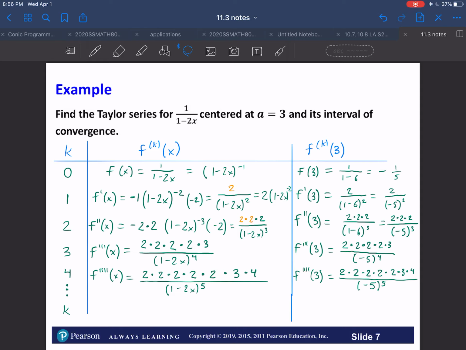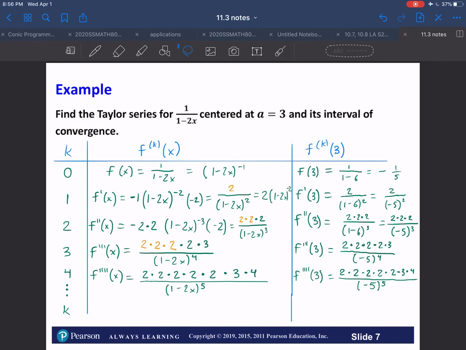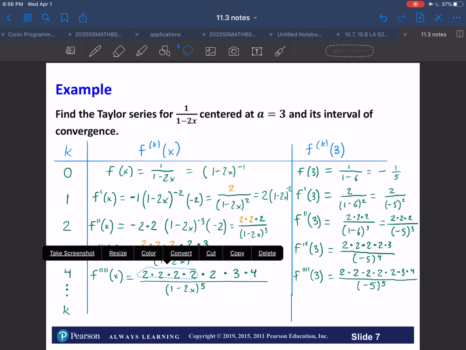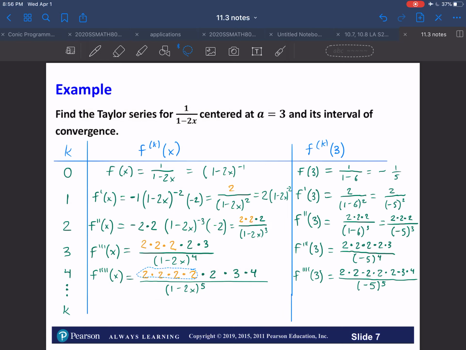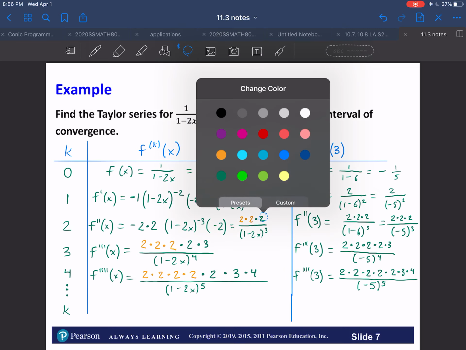All right, let's now do 3 on this one, 4 on this next one. And let me also color the other part of this numerator a little bit differently.